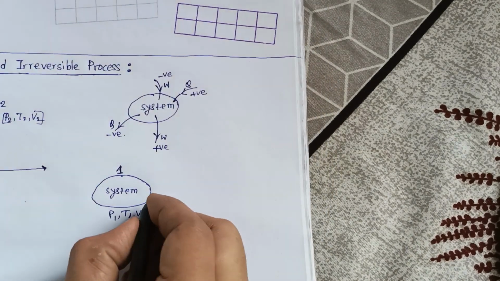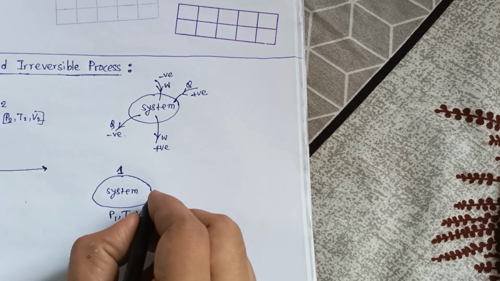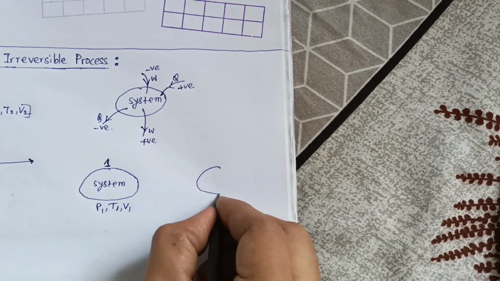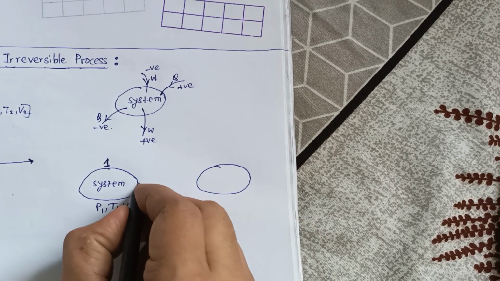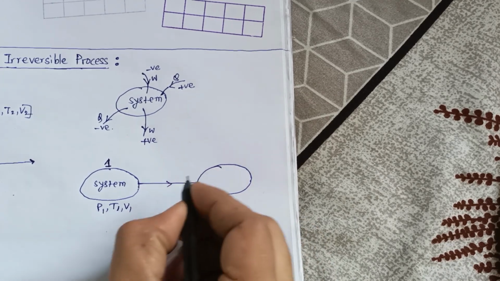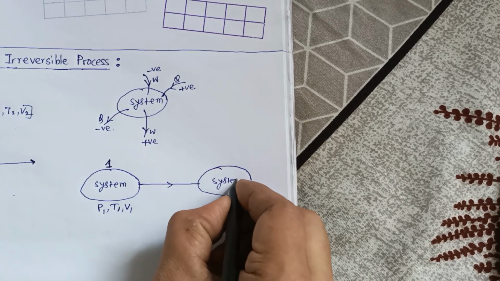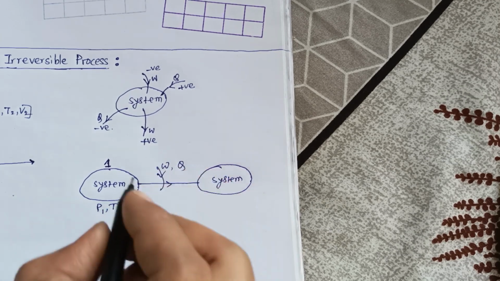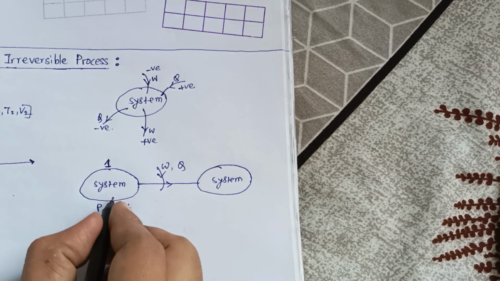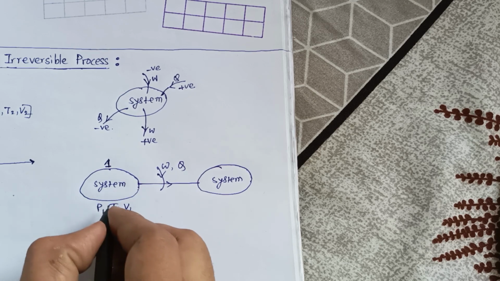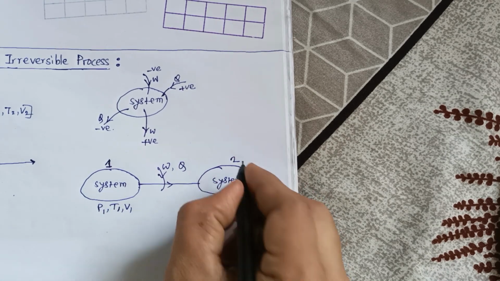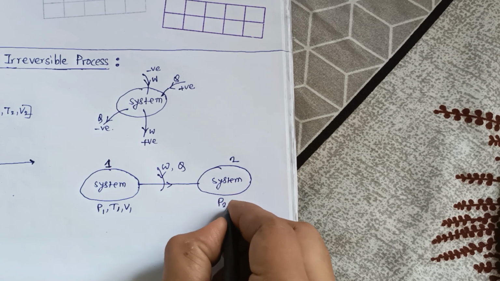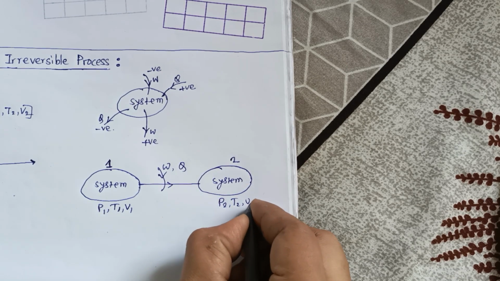When you apply some work or there is heat interaction, the system changes from state 1 to state 2. In state 2 the pressure will be P2, temperature T2, volume V2.